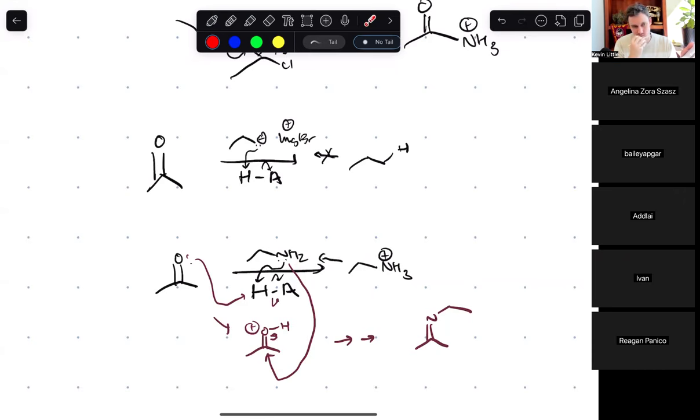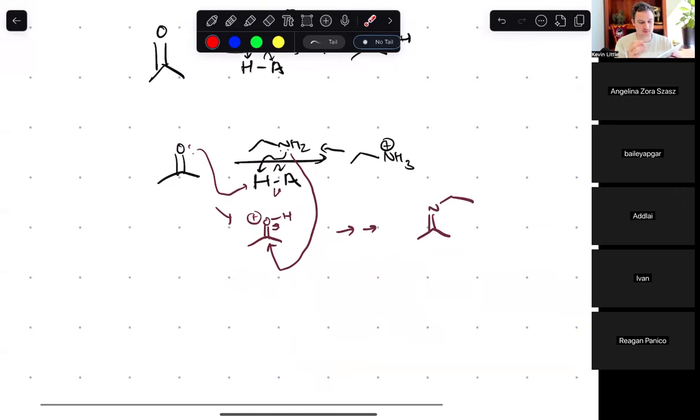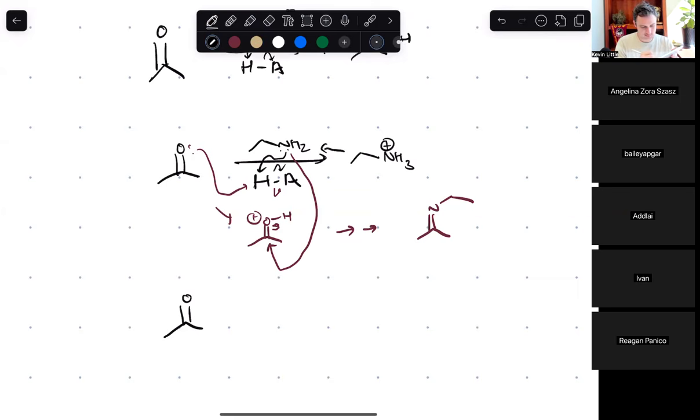So Sophie asked, would it be faster if we add the acid first? That's a good idea, right? Let's say we did that.